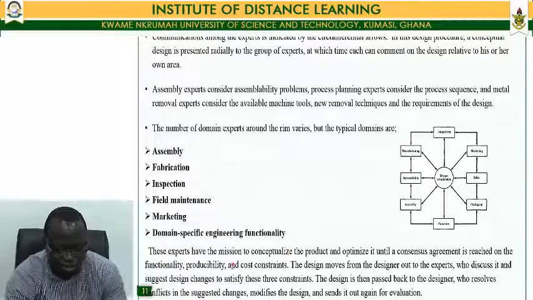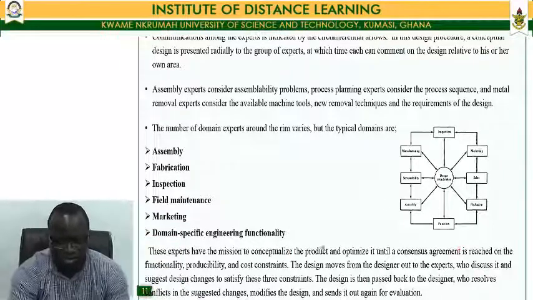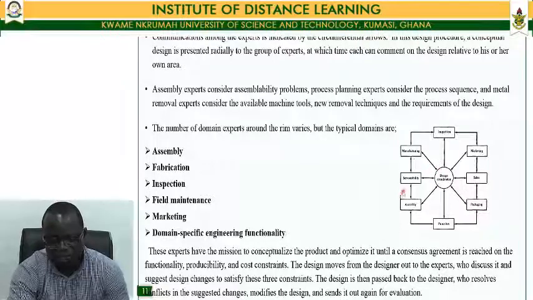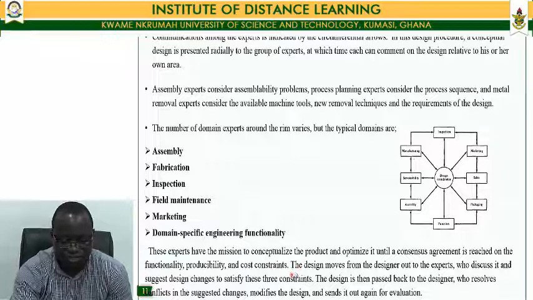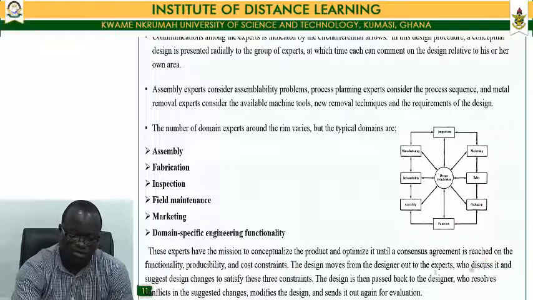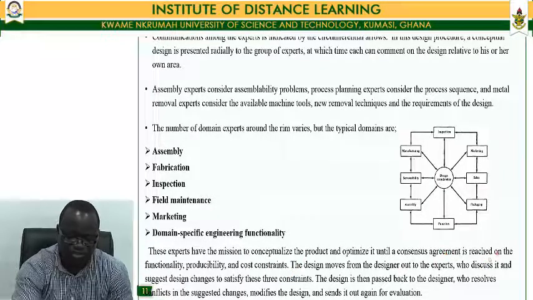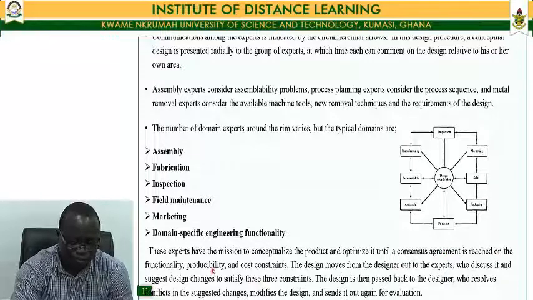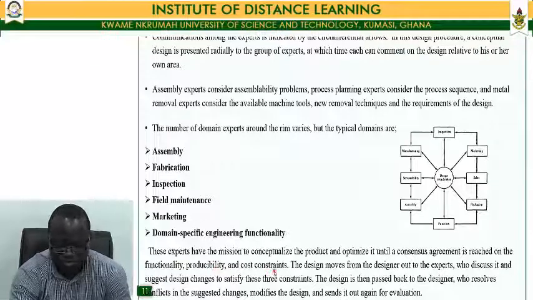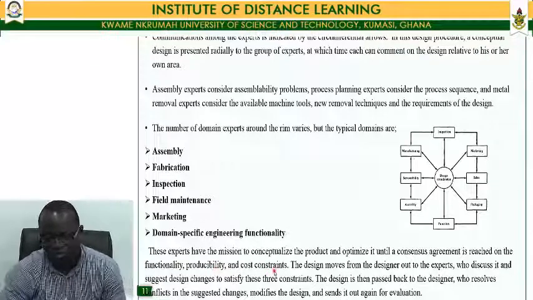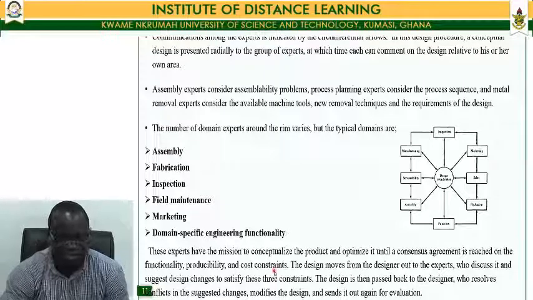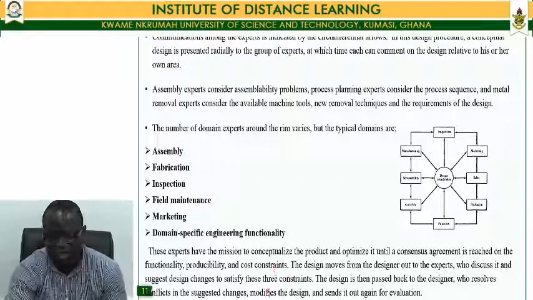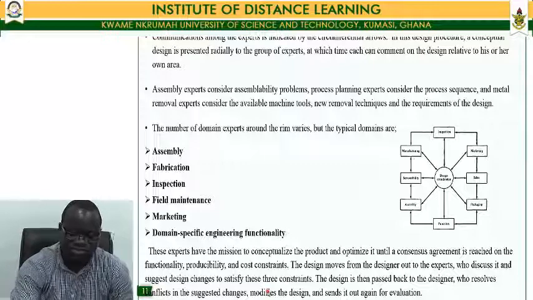So they will be working through the concepts, debating about it, going back and forth, looking at the various conflicting dynamics until they agree or reach a consensus on the functionality, producibility, and cost constraints. So the design then moves from the designer out to the experts, who discuss it and suggest design changes to satisfy these three constraints.